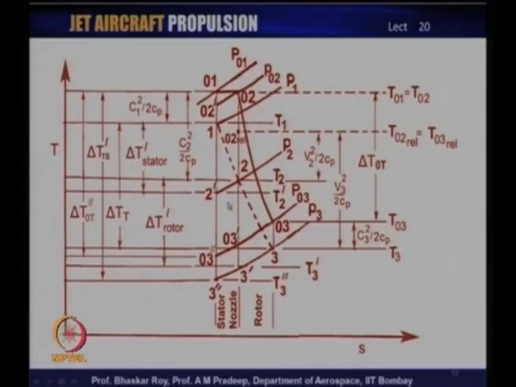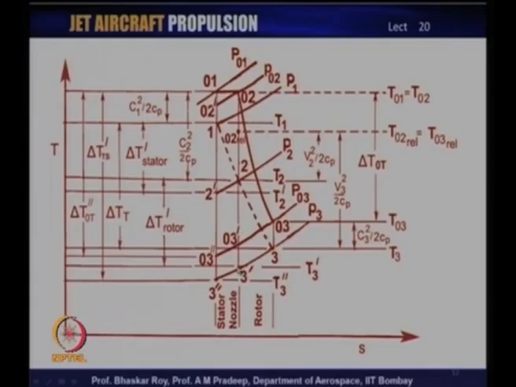If the entire turbine is taken as isentropic, it will come down from 2 prime to 3 double prime. So, if it is vertically coming down all the way, that is an isentropic turbine. You can have an isentropic rotor, which then only in the rotor it comes from 2 to 3 prime, and then of course, static parameter at 3 prime.